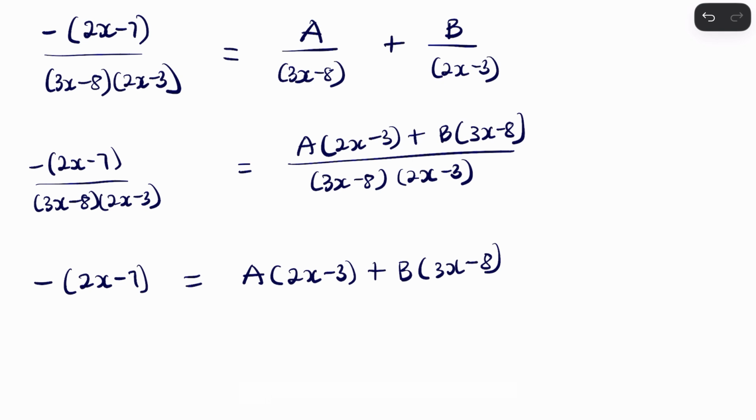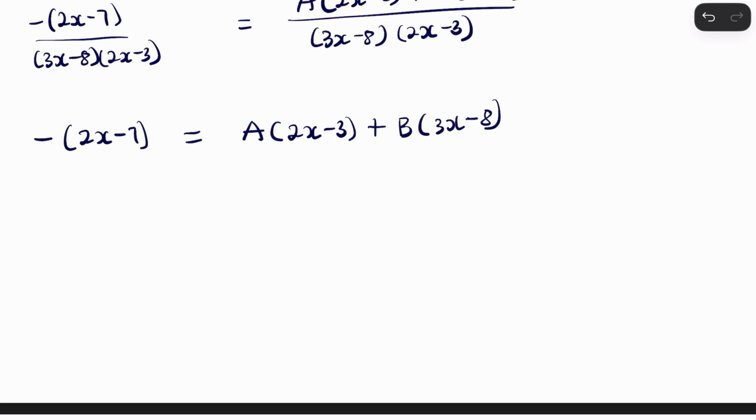So you pick a number which, when you substitute, either A or B will go to 0. Then you can now solve for the other variable. So here let's choose x to be equal to 3/2. So for x equal to 3/2, what are we going to have? In place of x, you're going to substitute in 3/2 in this expression.